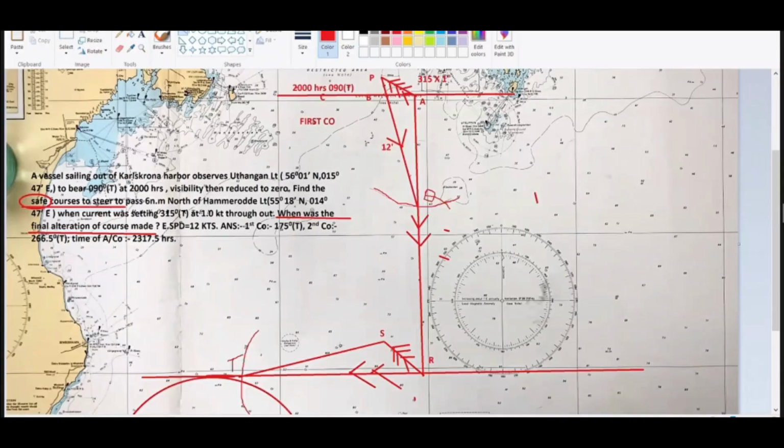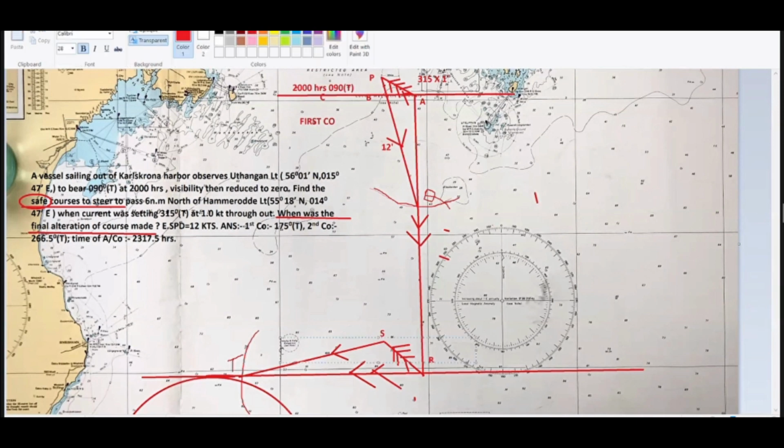Cut 1 hour if you want to make 1 mile, 2 hours, then 2 miles, etc. So I made a 1 hour triangle to 1 mile, and from P we have cut the engine speed. Engine speed is known in the question, last line, 12 knots is given. So from P we have cut 12 miles on the course made good line and got point Q. PQ I have joined. This will be your first CTS.